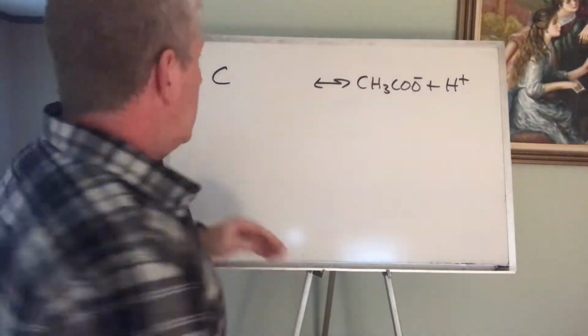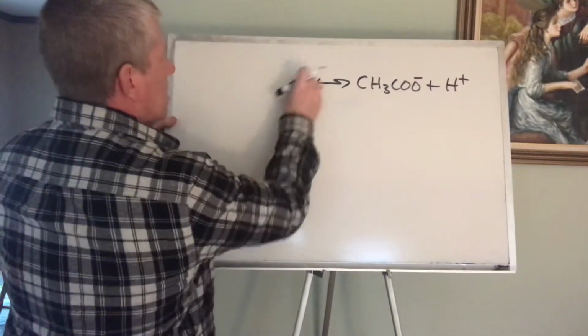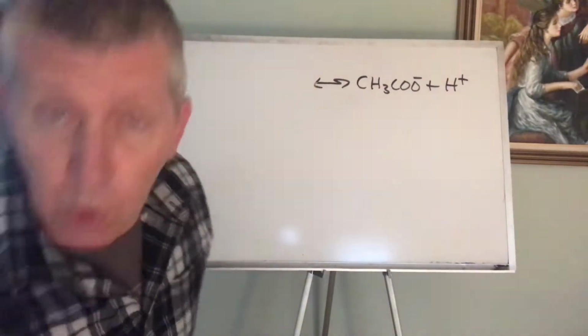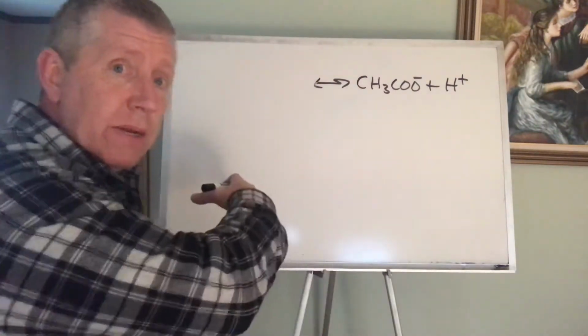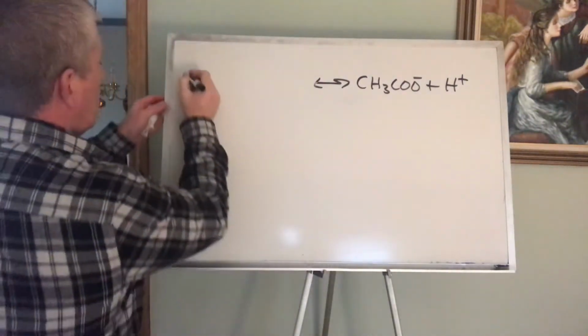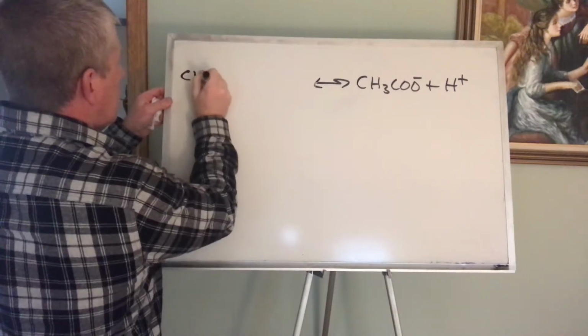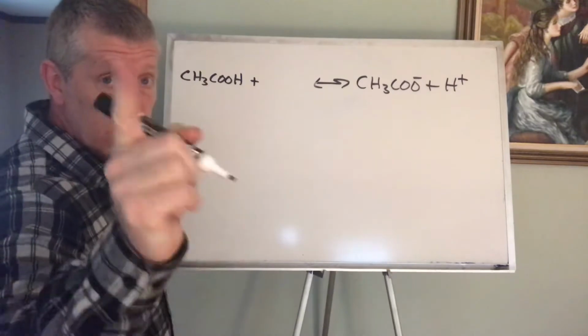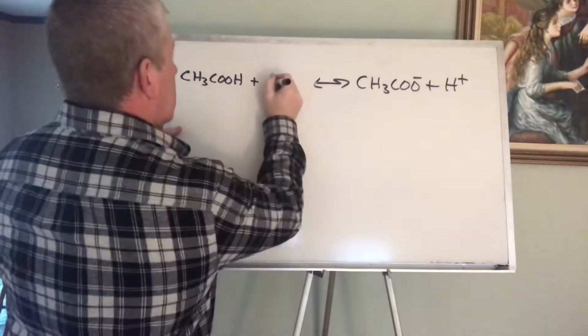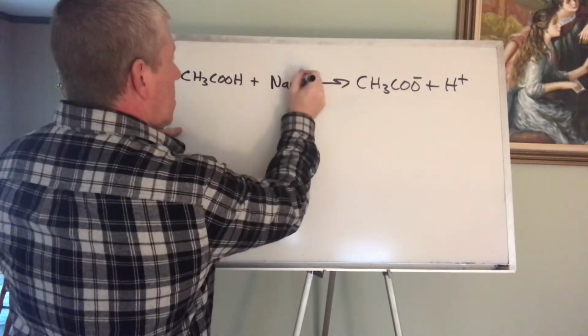But this time, we are going to add some sodium hydroxide. Let's put that into the solution. So CH3COOH, plus we added sodium hydroxide, NaOH.